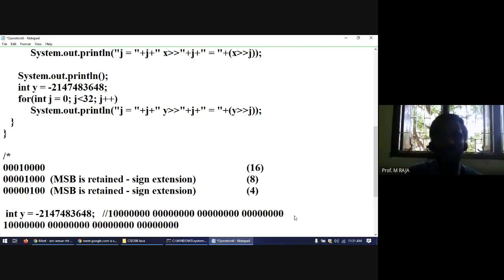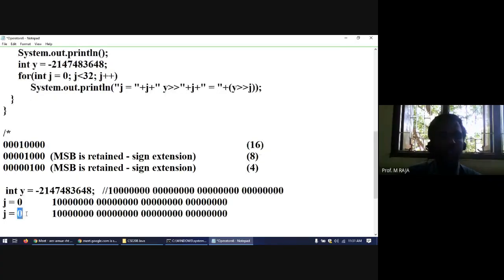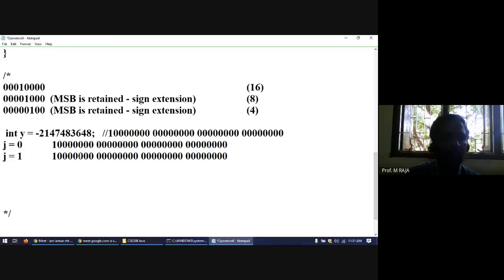When the value of j is equal to 0, we have this quantity. When j becomes 1, what happens? In the bitwise right shift operation, this 1 is moved one bit position right.